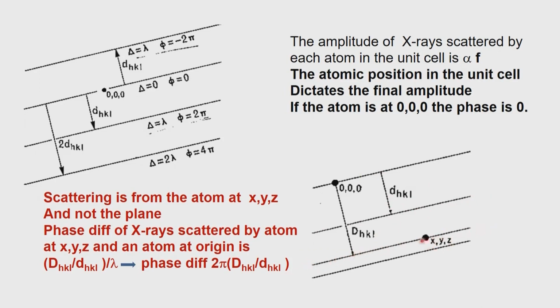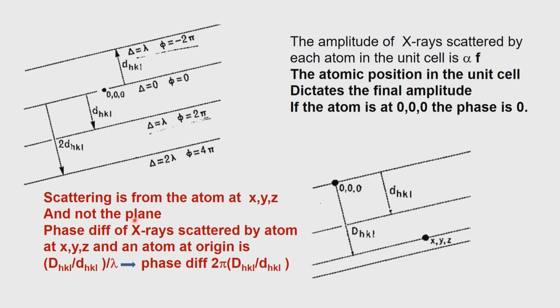So, XYZ is an atom which is now not at a distance of d of HKL, but at a distance of capital D of HKL. So, capital D of HKL is the distance of the atom from the plane, and we have drawn a plane parallel to 0 0 0 and passing through XYZ, but parallel to the first plane, which is D of HKL.